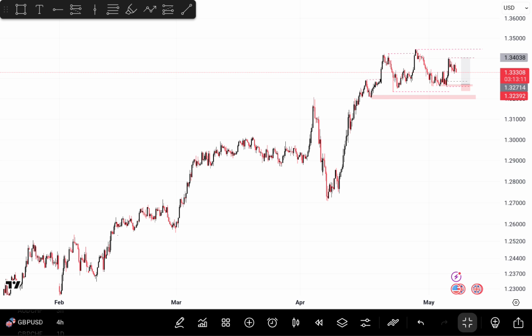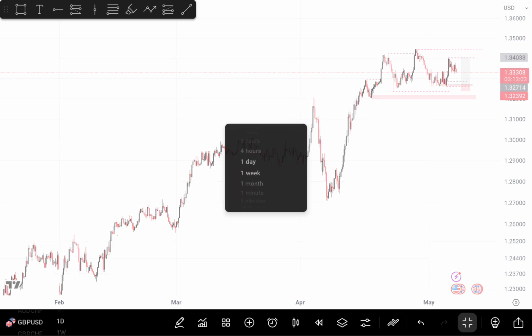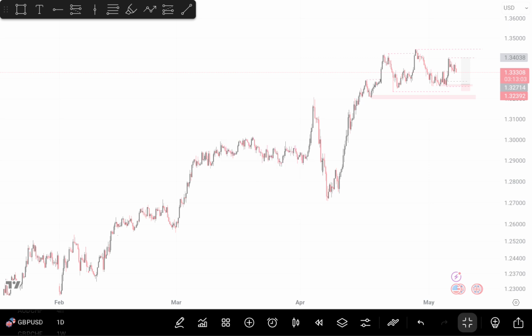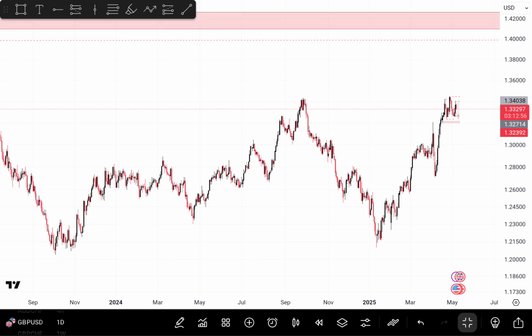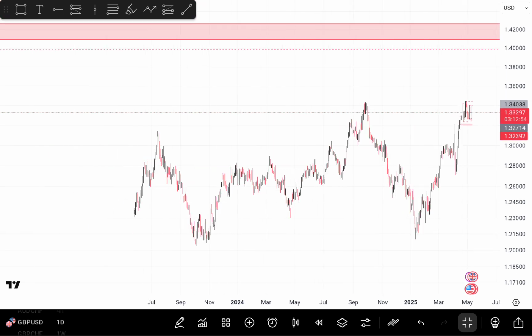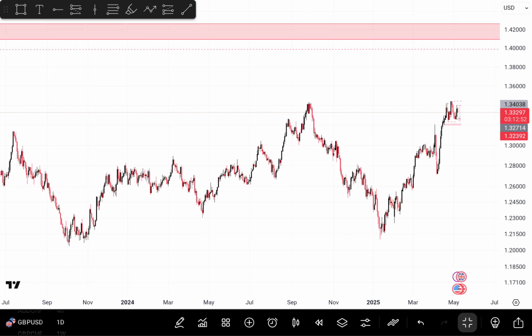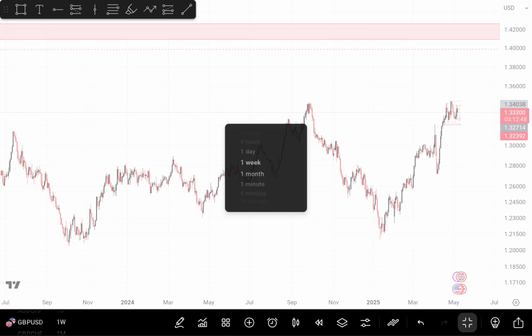You only want to be doing what the trend is doing. Then what's next? Then I go to my daily time frame. This daily time frame is also bullish. You understand? It's also bullish. Then sometimes I go to the weekly time frame too. Okay.